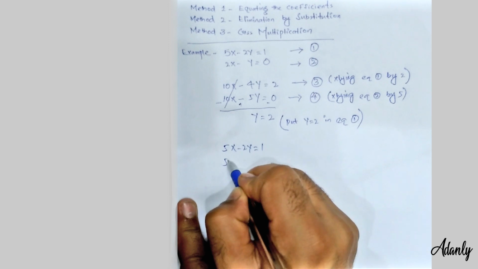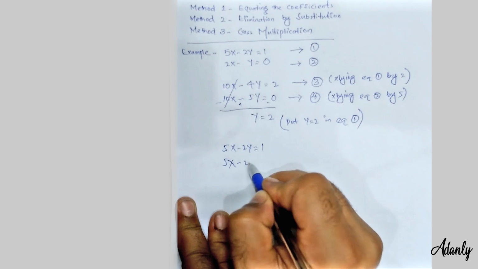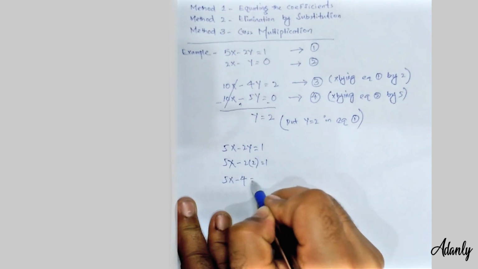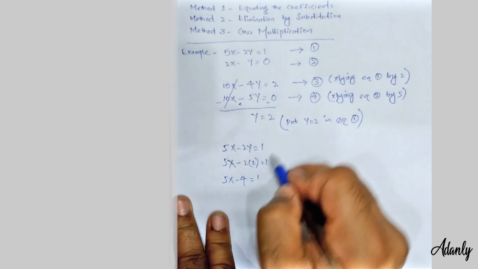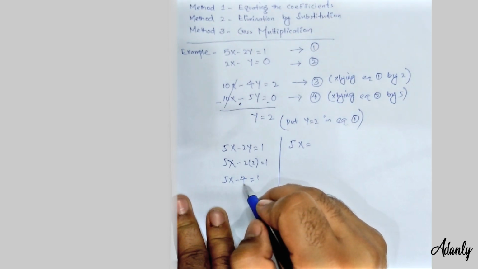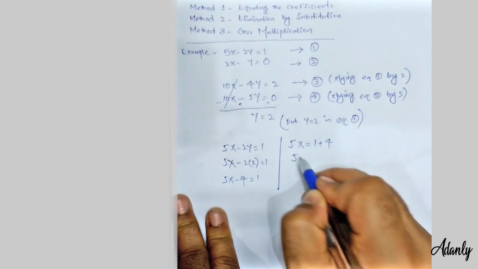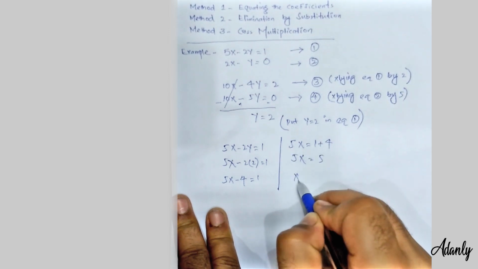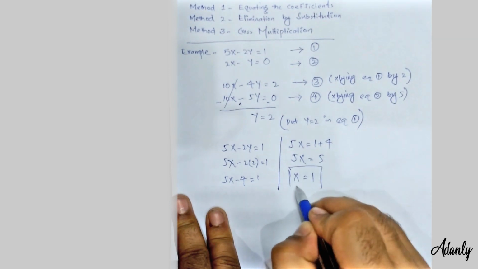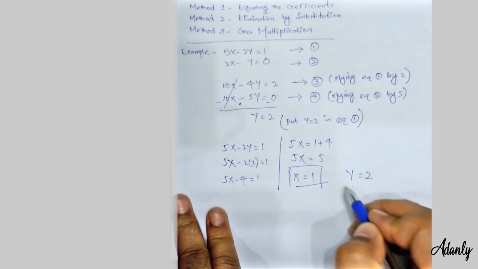Putting the value of y, we get 5x minus 2 into 2 equals 1. 5x minus 4 equals 1, which further gives us 5x equals 1 plus 4, shifting the 4 to the right side of the equality. 5x equals 5, so dividing both sides by 5, x equals 1. So we have the value of x as 1 and the value of y equals 2.